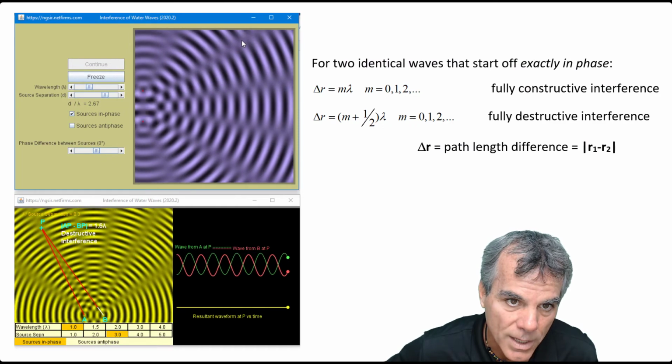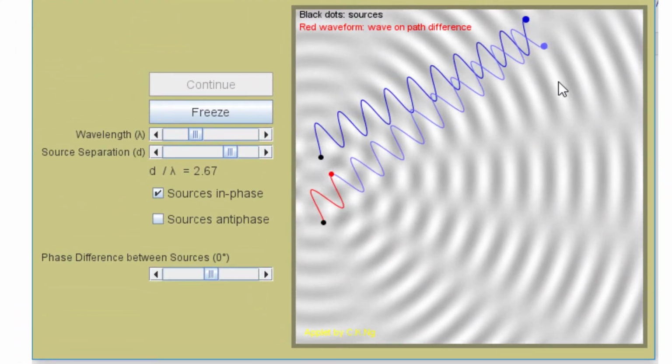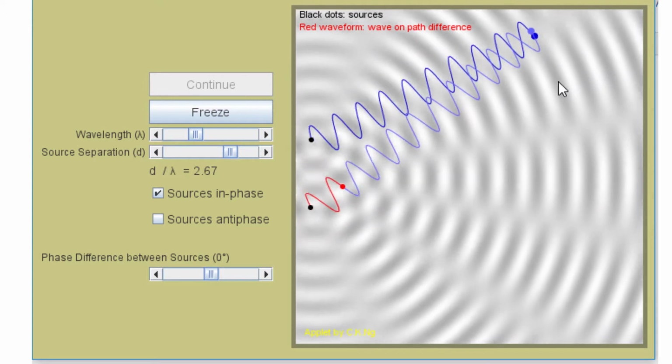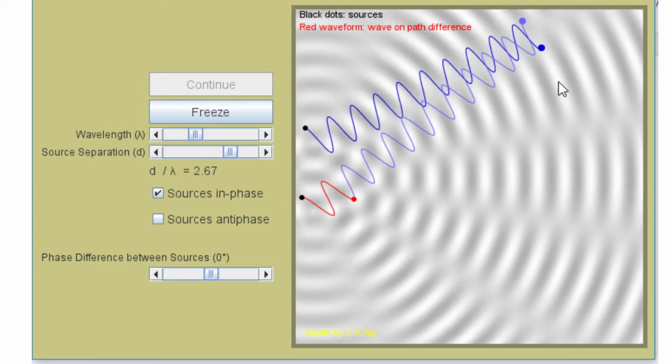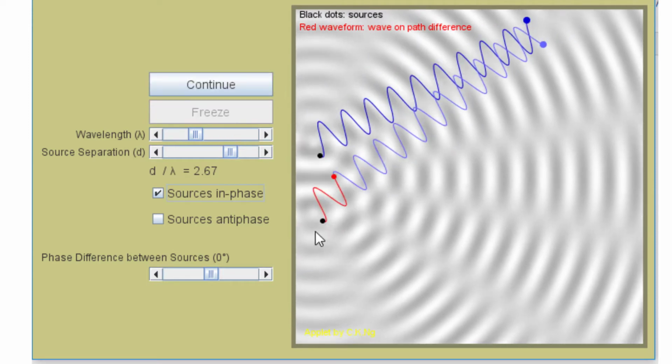And again, I can show that at the very top one. In this case, the wave is traveling 1.5 wavelengths farther from the bottom source than it is from the top source. And if I freeze this, you can see that I have the difference in path length of 1.5 wavelengths.